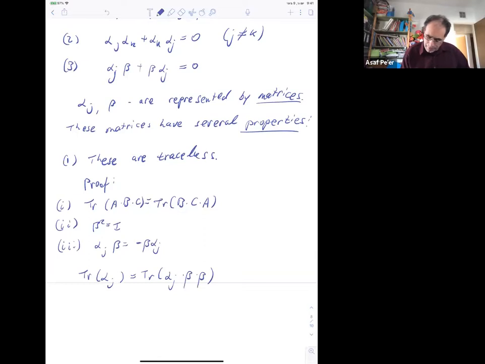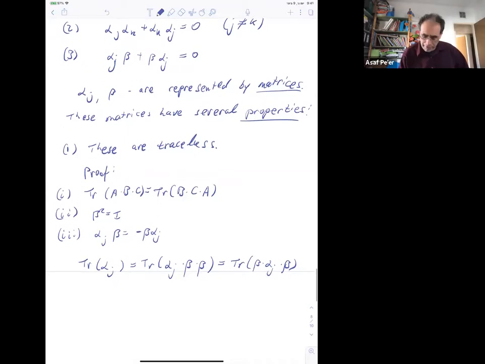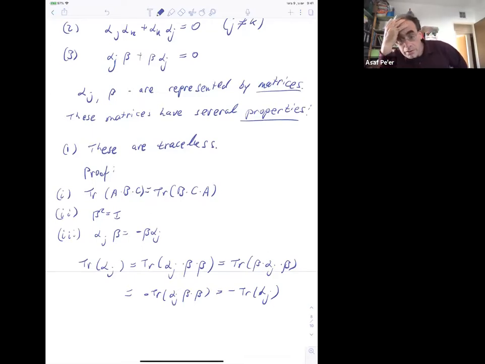Using the cyclic rule, then this is trace of beta times alpha j times beta. And now I can use the fact that alpha j beta is minus beta alpha j. So this is minus trace of alpha j beta dot beta, which is just minus trace of alpha j. So these are traceless matrices. Right?